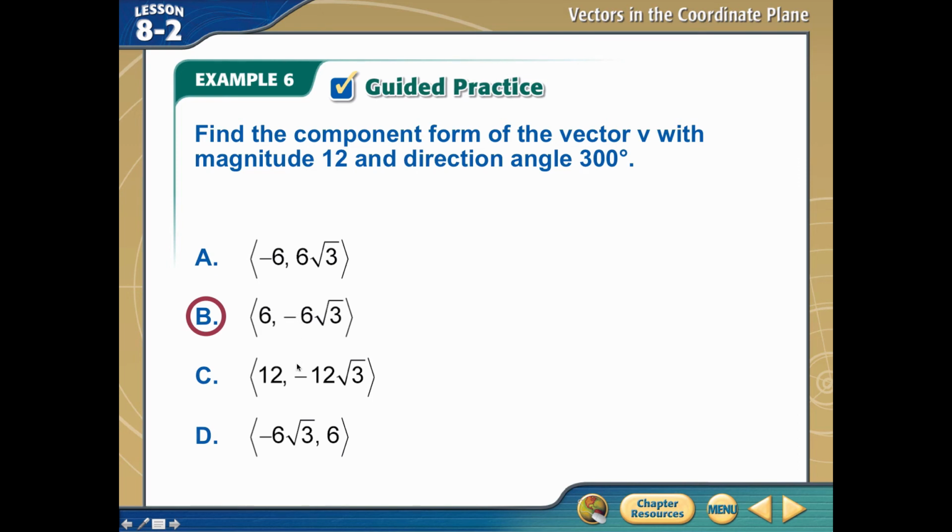So if x is positive, y is negative, it has to be either B or C. And because it's magnitude 12 in that direction, this would be way too long. So cosine of 300 degrees is 1/2. Sine of 300 degrees is negative square root of 3 over 2. You should either know that or know how to figure that out using the unit circle to answer this problem.